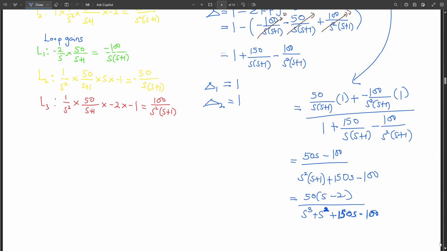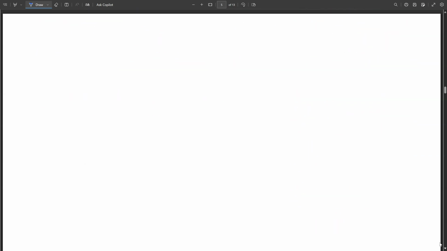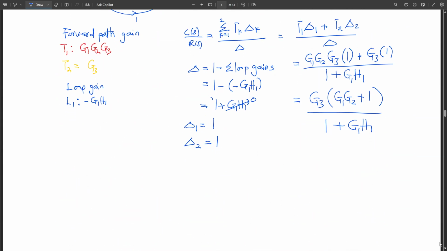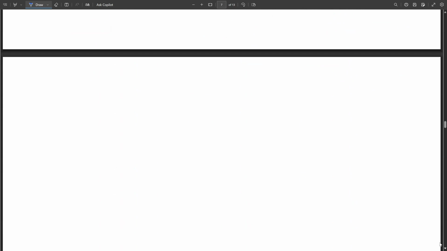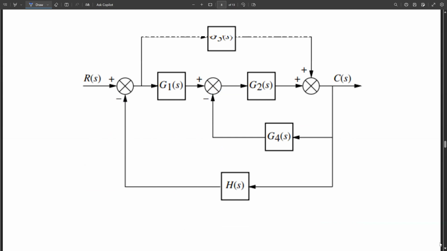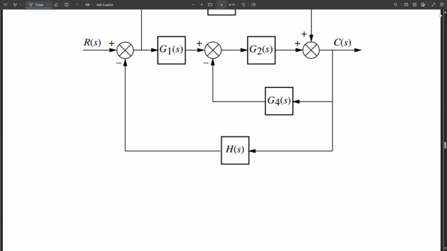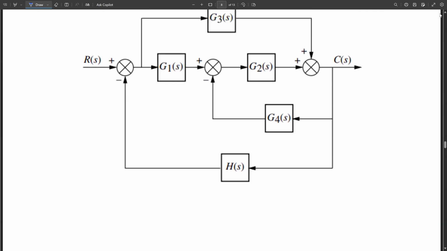Okay. The next thing to do, let's see if we have another complex one. Okay, we've already done this. Let me see if I have it drawn here already.